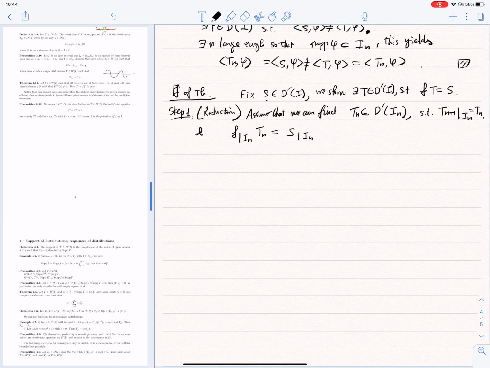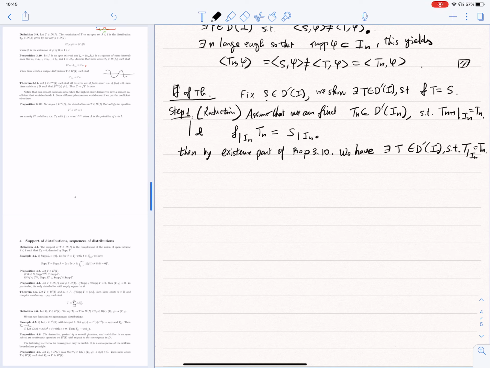Okay, so here's the first thing. Imagine that we can find such a sequence. Then what do we have? Then by the existence part of Proposition 3.10, there exists a T distribution on I such that T restricted to In is Tn.